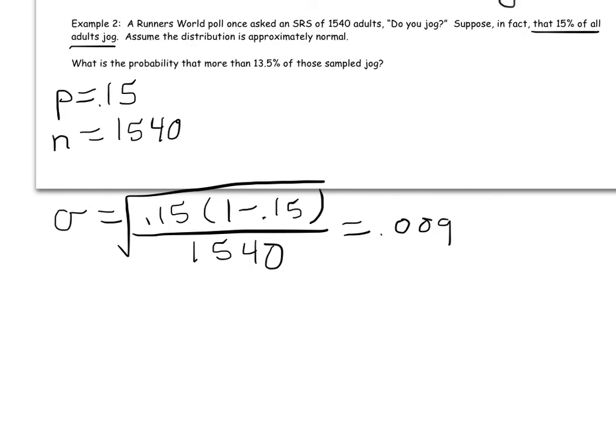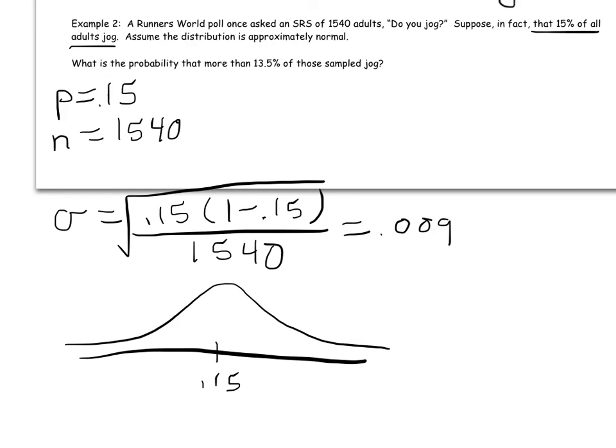So now, the question is asking me, I'm going to draw my picture here. I know that 15% of all adults jog, but if I took a random sample of adults, what are the chances that more than 13.5% of the adults jog in my sample?